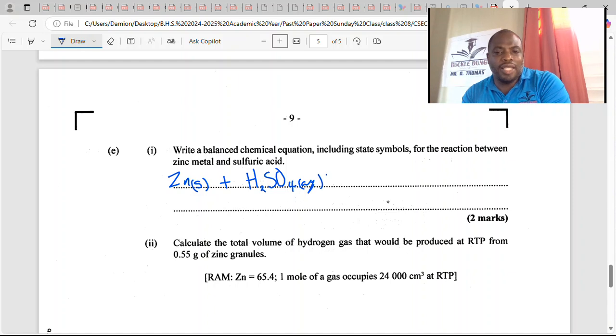We did say that the zinc is going to kick off the hydrogen, forming zinc sulfate, and we get hydrogen gas. Is this balanced?